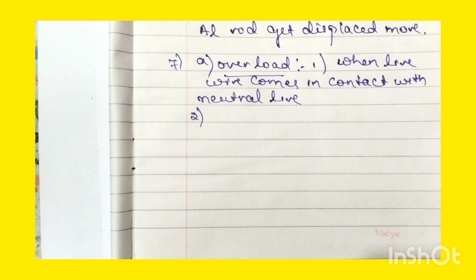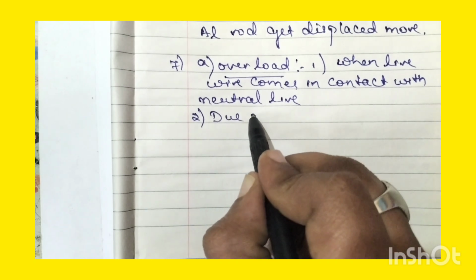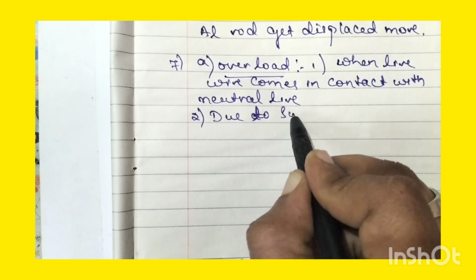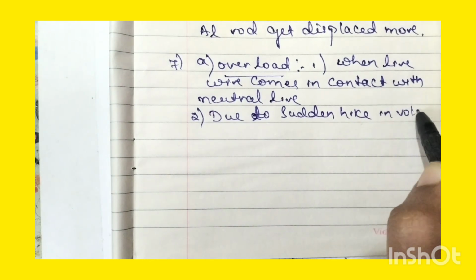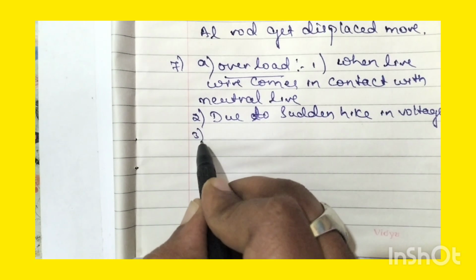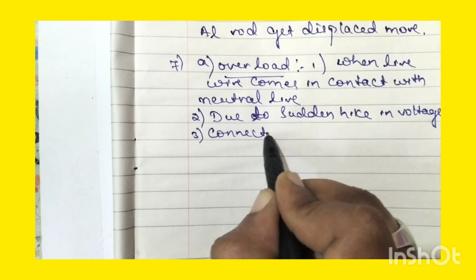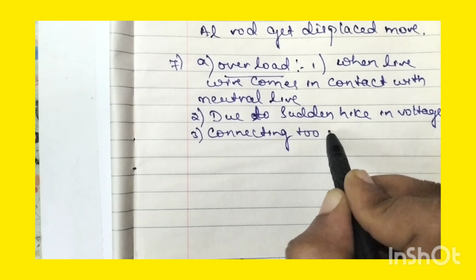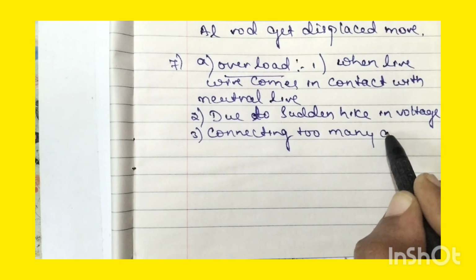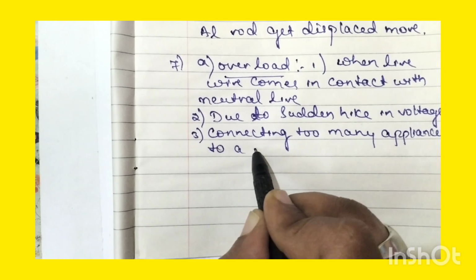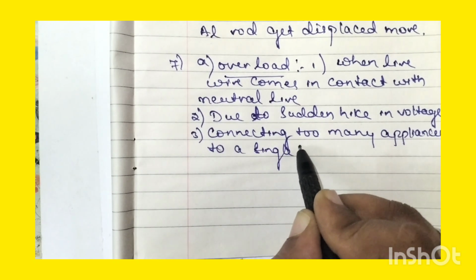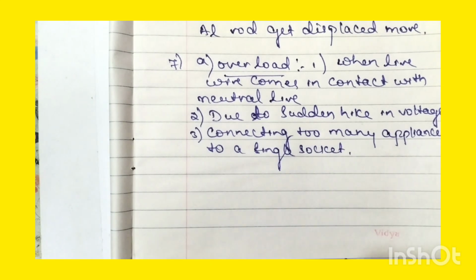Then the second one is due to a sudden hike in voltage. Then the third one, connecting too many appliances to a single socket. So this is how the overload will be caused.